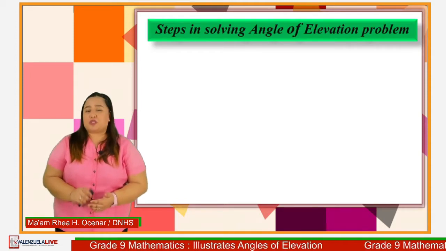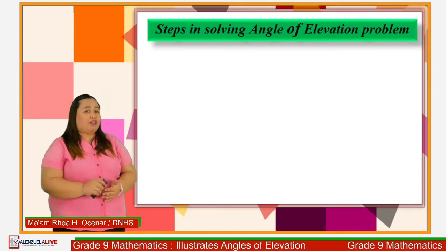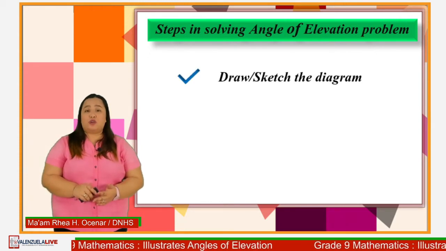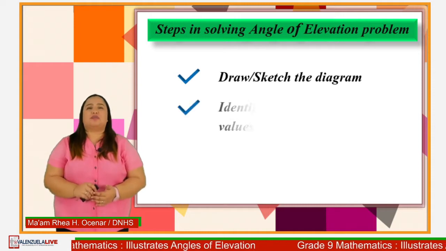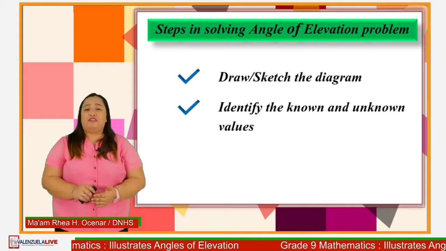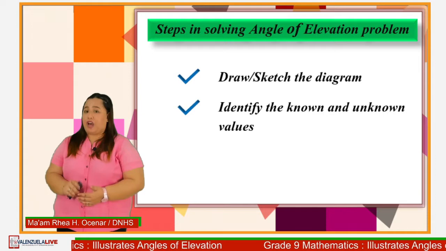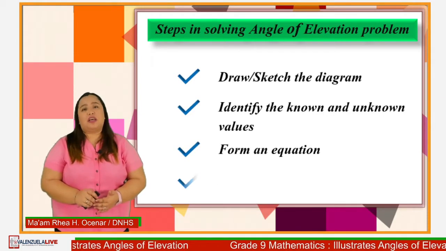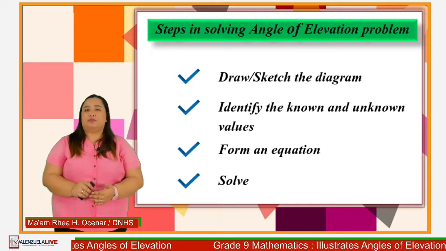We have steps to follow to solve angle of elevation problem. First, draw or sketch the diagram. Second, identify the known and unknown values. Third, form an equation. And then lastly, solve.